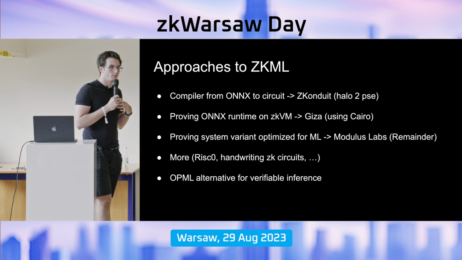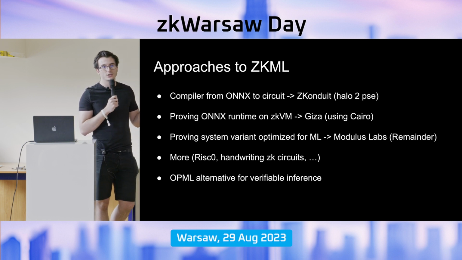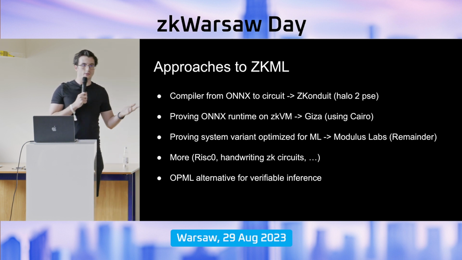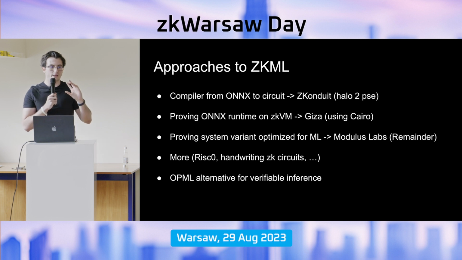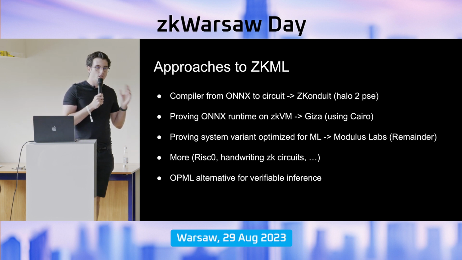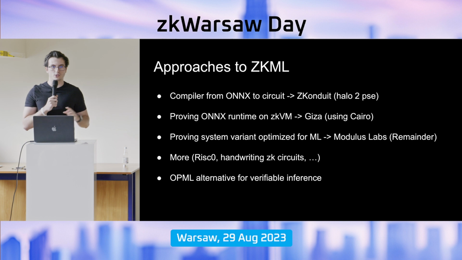You need to do a step called quantization, where you're representing floating points using field elements, and that operation is very slow, takes a lot of computational complexity, and therefore is not very performant.